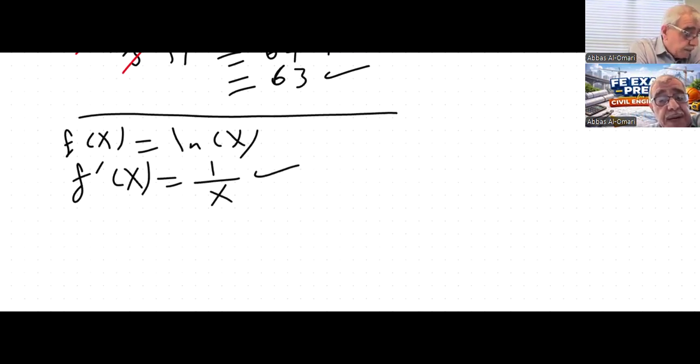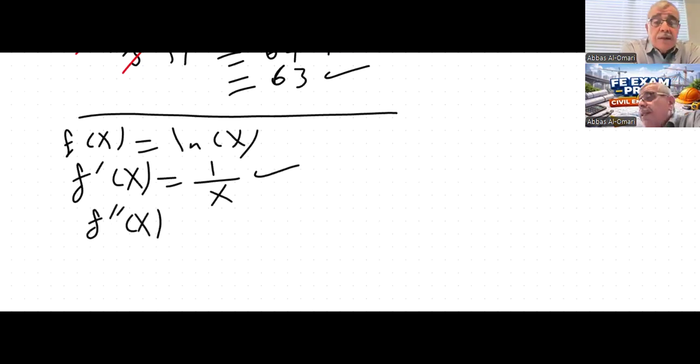So f double prime of x equals, again, the derivative of 1 over x, which is minus 1 over x squared.